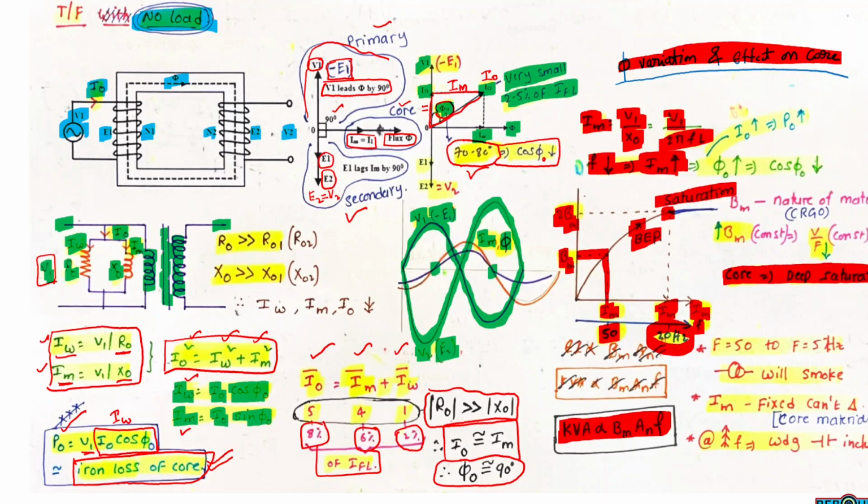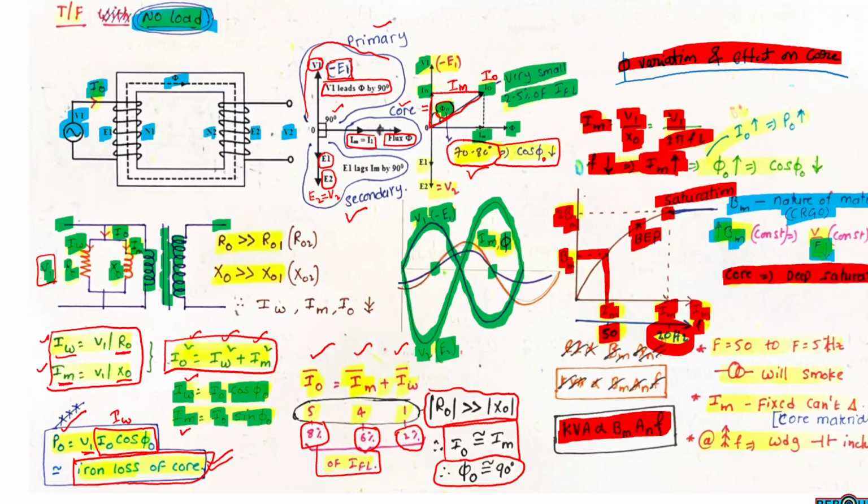The relation between Vmax, frequency and magnetizing current, this one we have to remember. As the frequency decreases, Vmax increases. As the frequency decreases, the magnetizing current also increases. Vmax depends upon the nature of the material. This is CRGO material.